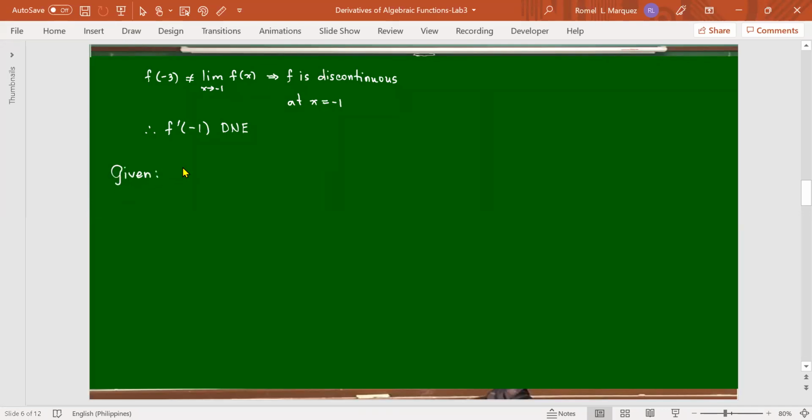Guys, let's say I have f of x equal to the square root of x minus 5, if your x is to the right of or equal to 1.